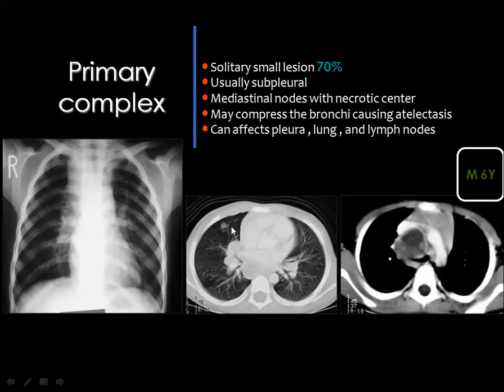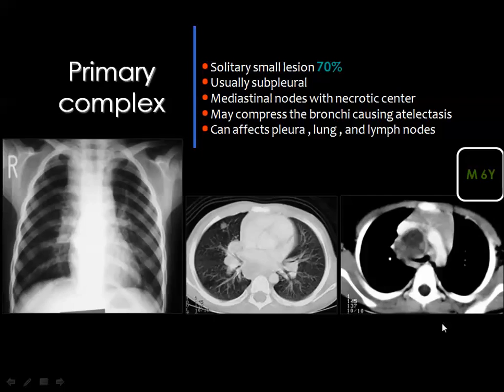In here, you see a nodule in the lung, and this nodule is what we call the Ghon focus, or the pulmonary component of the TB primary complex. And you see mediastinal lymph nodes, which are necrotic, typical of TB.